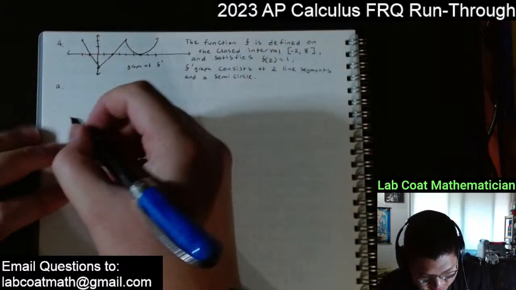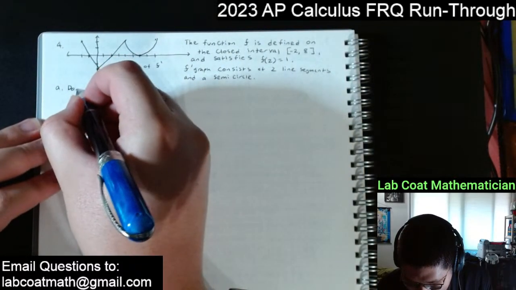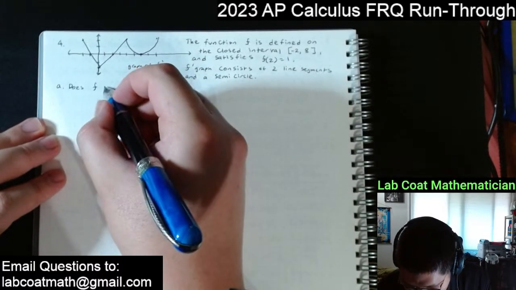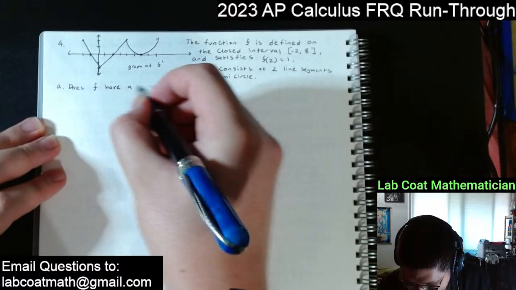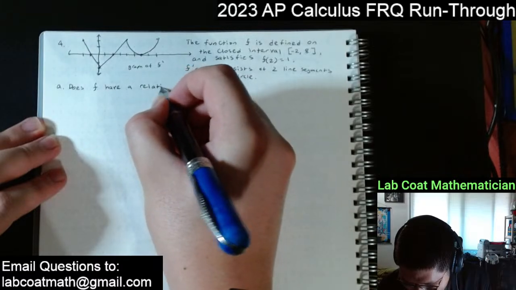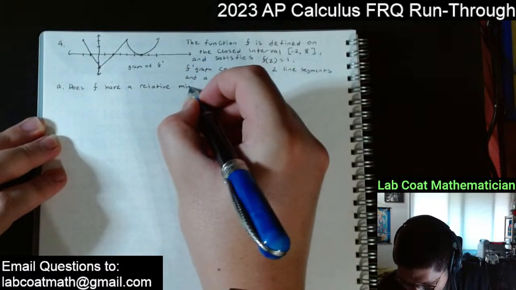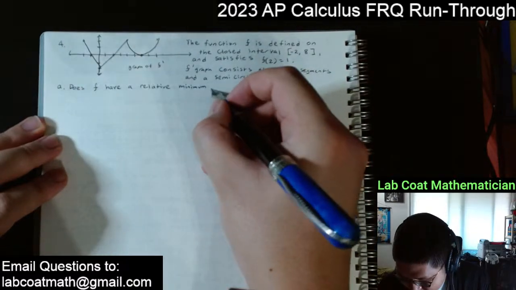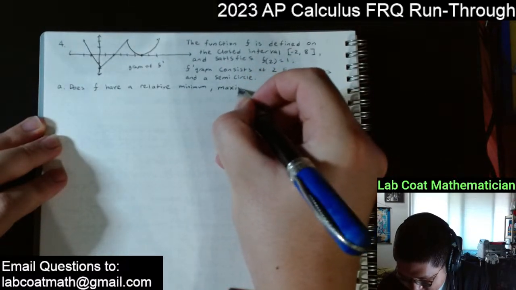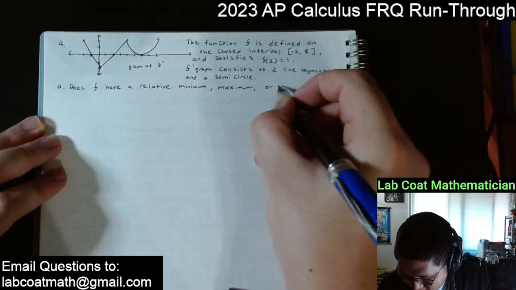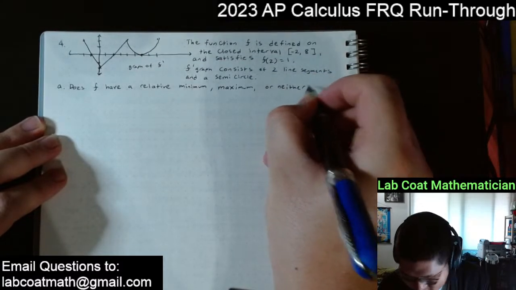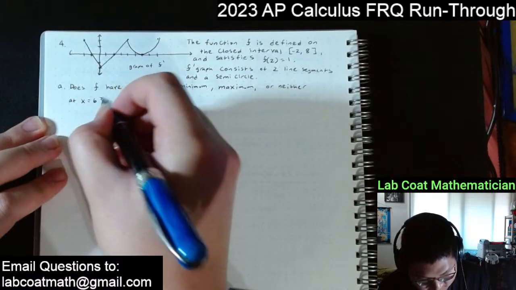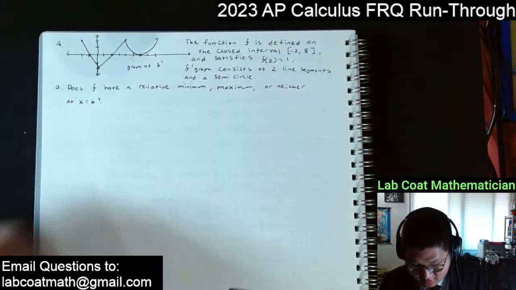Okay, so they're asking, does f have a relative minimum, maximum, or neither at x is equal to 6. Okay, and we need to give a reason.